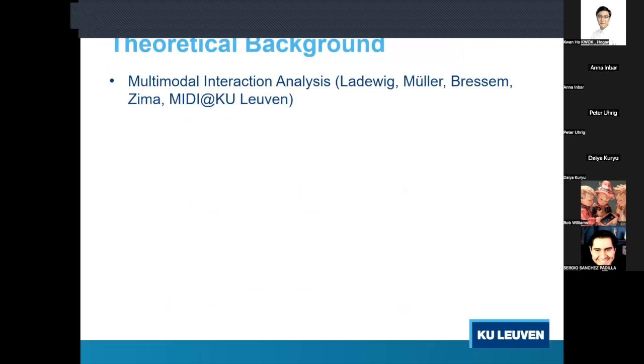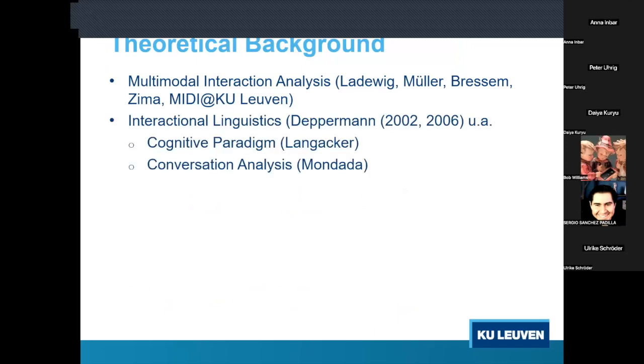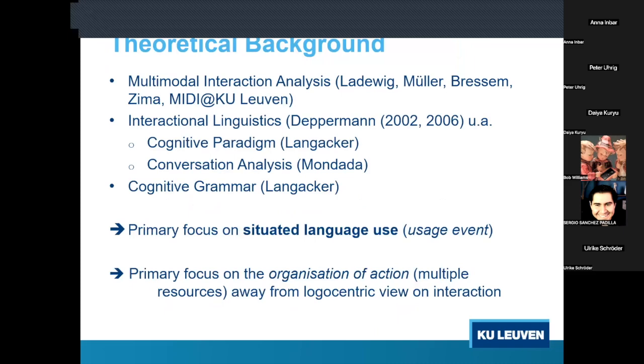My background is in cognitive linguistics, cognitive grammar, but that's not that important, and it's not the single paradigm from where linguists are looking at the role of co-speech gestures. So I'm sort of at a crossroads between multimodal interaction analysis or interactional linguistics, and cognitive grammar.